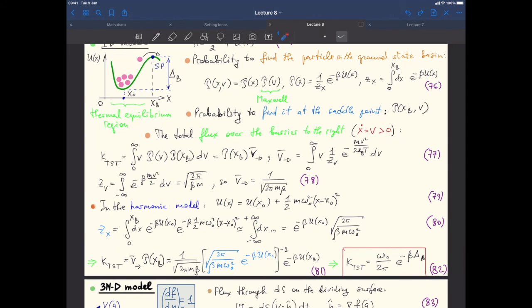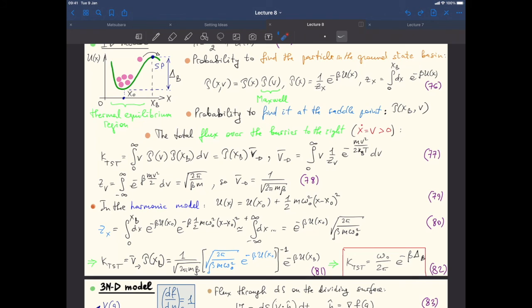So we can see clearly that the rate, first of all, is proportional to this exponent. So the larger the barrier, the smaller the rate, exponentially smaller the rate. Also, we have this beta in front. So beta is 1 over kT. So the larger the temperature, the smaller the beta, and therefore the exponential term is larger.